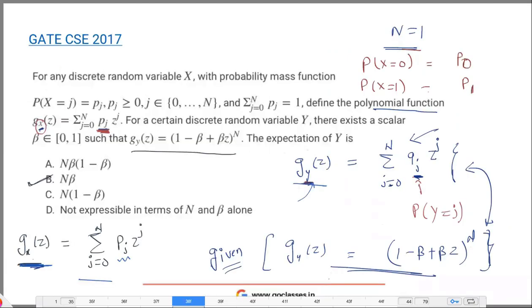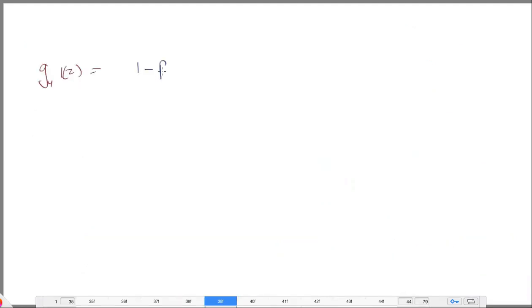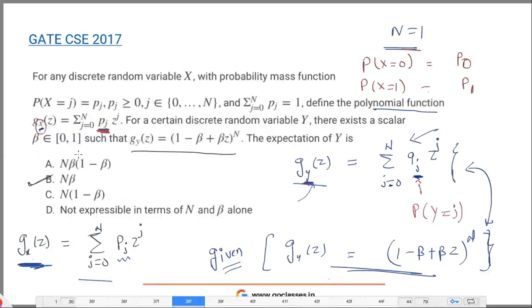But let's not worry about beta. I mean, we can plug in some value of beta also, maybe 0. Let's just first plug in n, and then we will see. So this is 1 minus beta plus beta z over n, right? And n is 1, so this is just 1, so I'm just removing it, right? So this is gyz that is given to you, and you know that gyz is also this, which is from whatever is given.